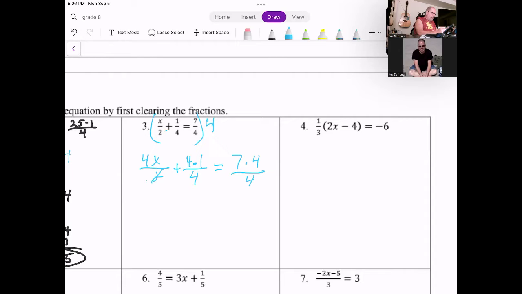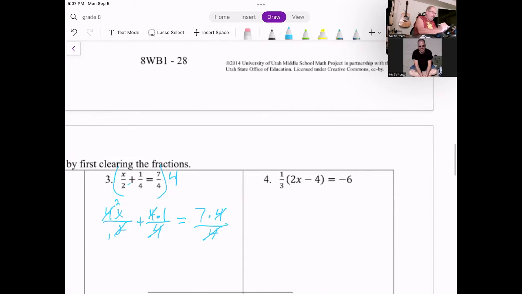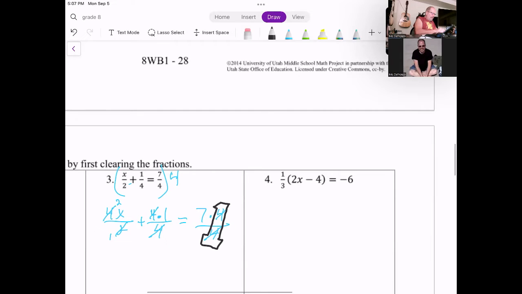There's 1 2 there. There's 2 2's there. There's 1 4 there. There's 1 4 there. They cancel. In other words, 4 over 4 is 1. 4 over 2 is 2.